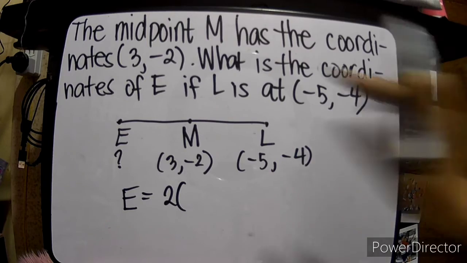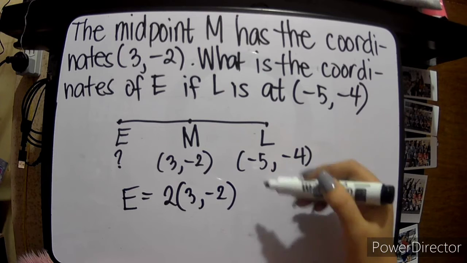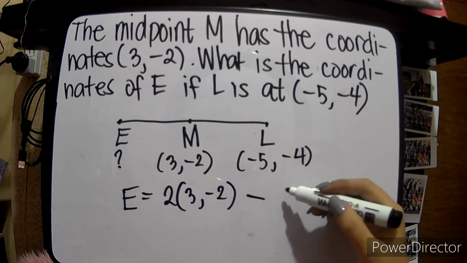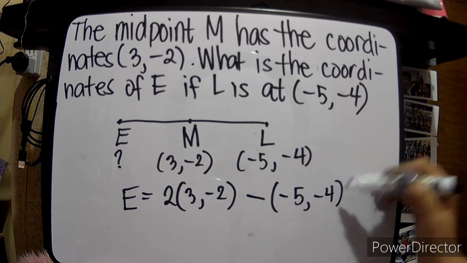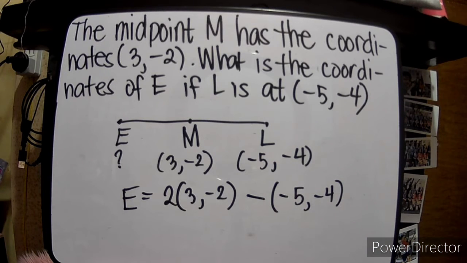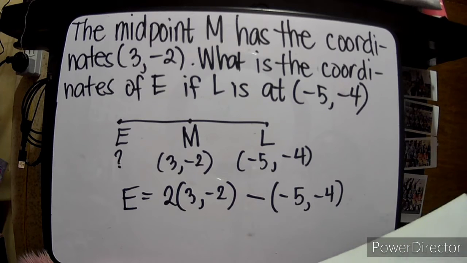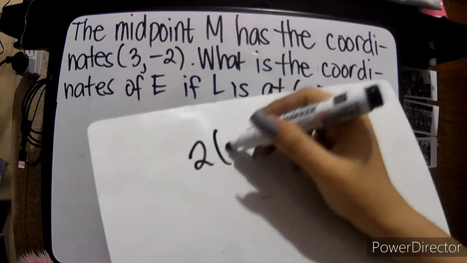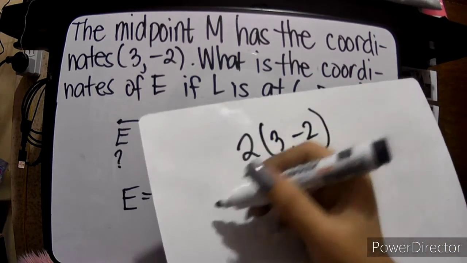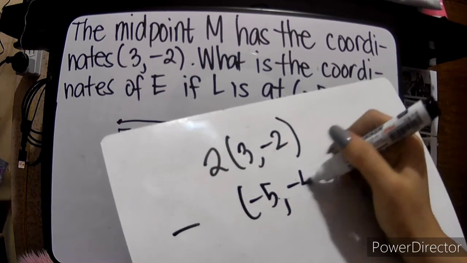And given midpoint here is (3, -2). And then, after nyong ma-times yan, ima-minus natin yung (-5, -4). So, para mas madali, pa-vertical na lang. Yung 2, ita-times natin kay (3, -2), bago ima-minus natin kay (-5, -4).